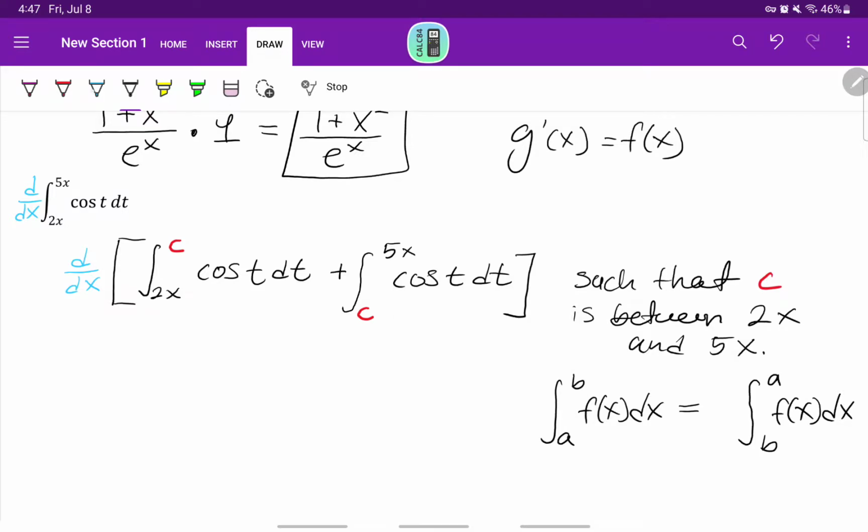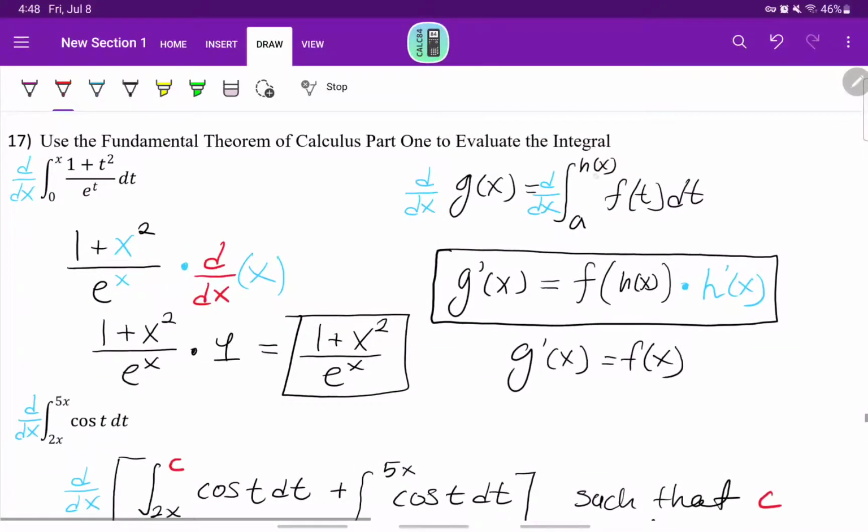But because I flip the integral, that is going to make it negative. And the reason why I need it to be negative is because this first part right here, we need the function in the top, the upper limit of the integral, not in the lower limit of the integral.